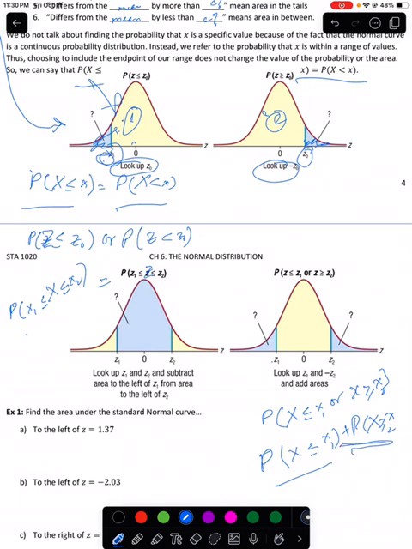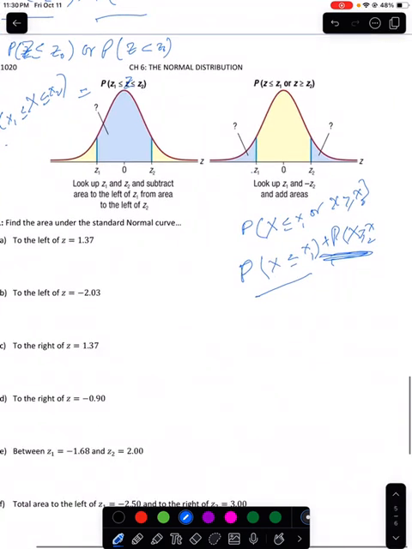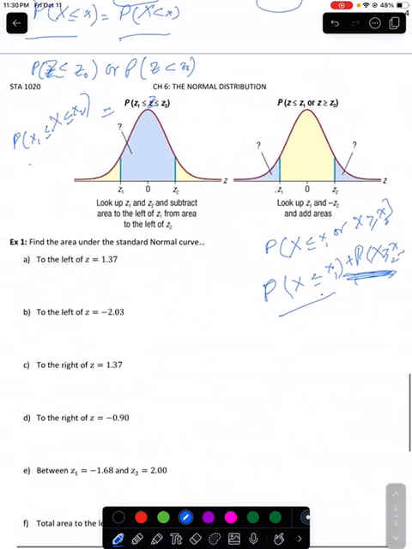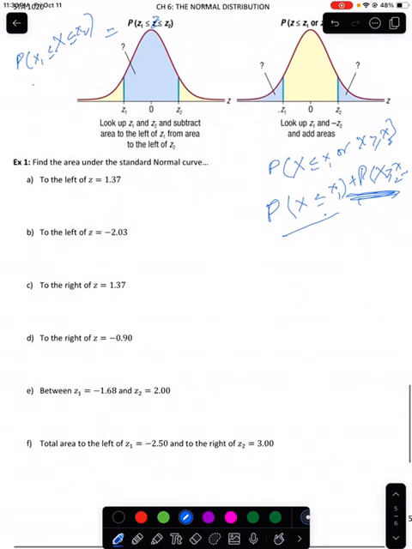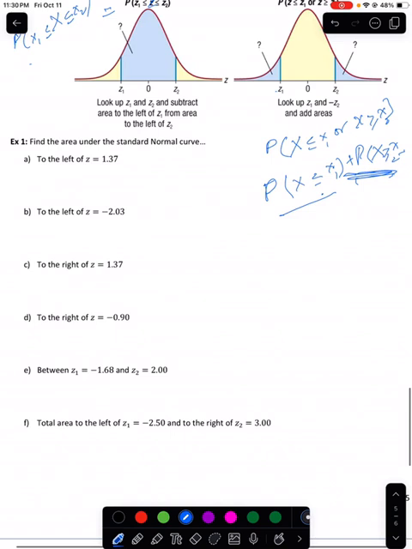For this one, we look up z1, and for that we look up the negative of z2, and then we add the two values. The area values, okay? We don't add the z values, we add the area values. Okay, let's do some examples so that it becomes more clear to you guys.